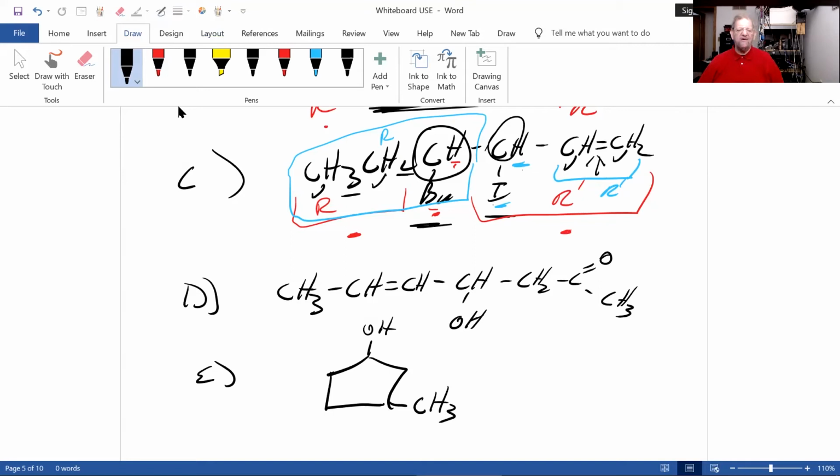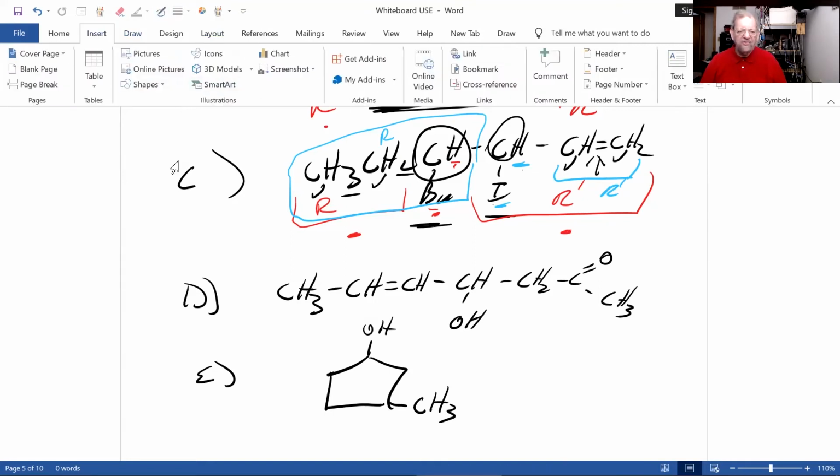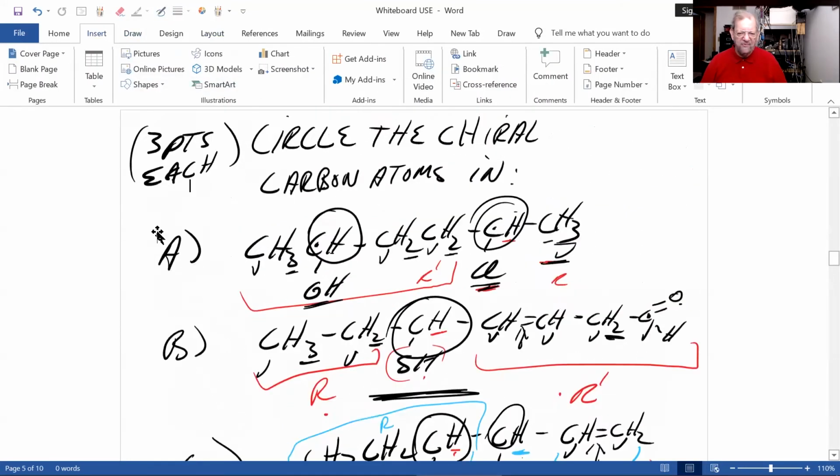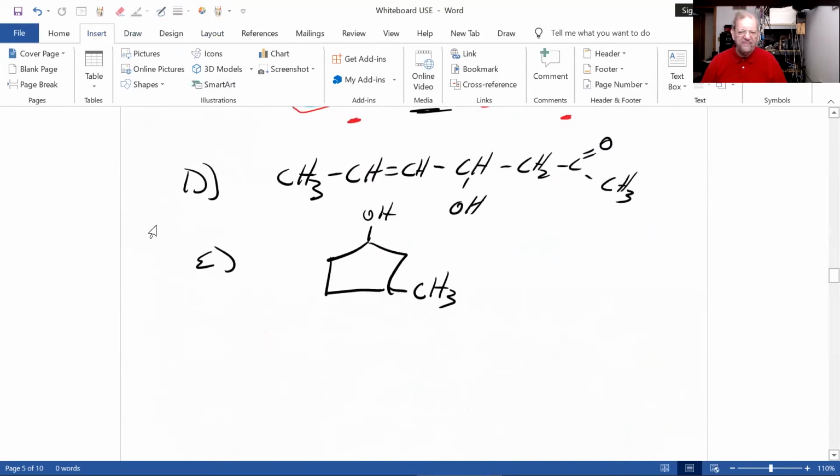And here's two more. Circle the chiral carbon atoms in the following. And there are two more for you to do.